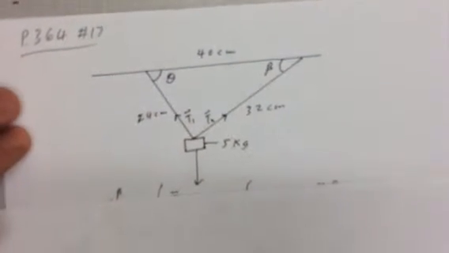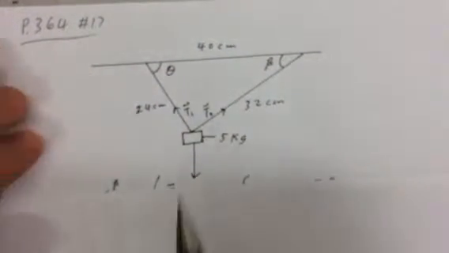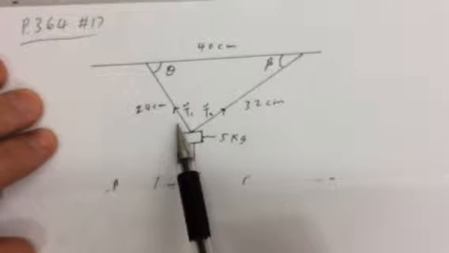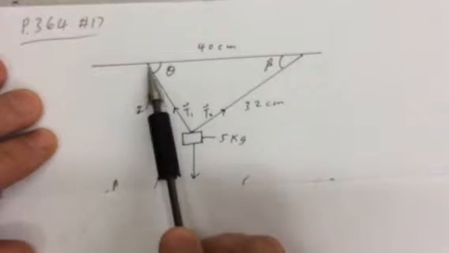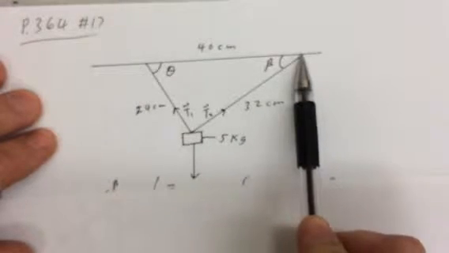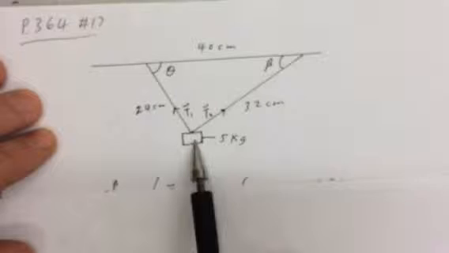Okay, so I have it drawn out here that we have the diagram where the two strings are here, 24 centimeters and 32 centimeters. They are 40 centimeters apart, and here is a 5 kilogram mass.